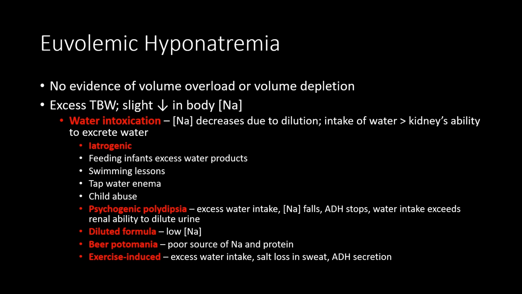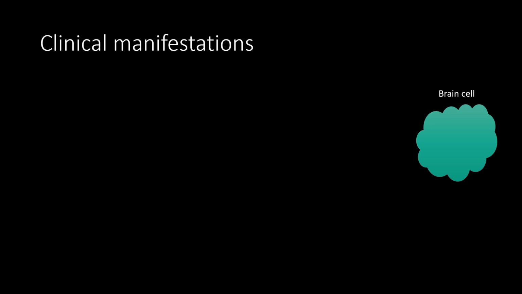So what are the clinical manifestations of hyponatremia? Imagine this is the brain cell, and suppose hyponatremia will happen. That means outside the brain cell, the sodium concentration is less. Sodium concentration is less means what will happen to the osmolality? Obviously, the osmolality will be less. So water will move from where to where?